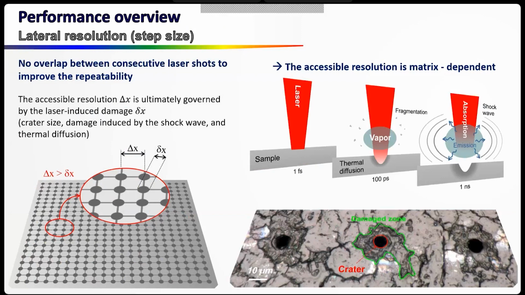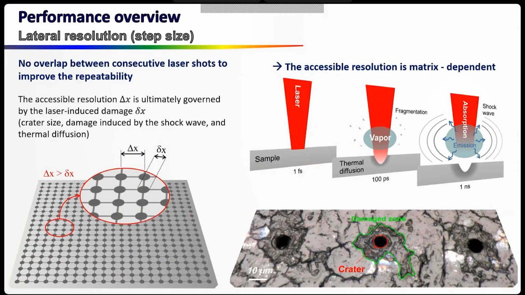So in this case here, we have a thin tissue slide. It's a 10 micrometer thick tissue put on a substrate. So you can imagine that this is a very fragile sample that will be strongly affected by shock wave. And this is what we see here.